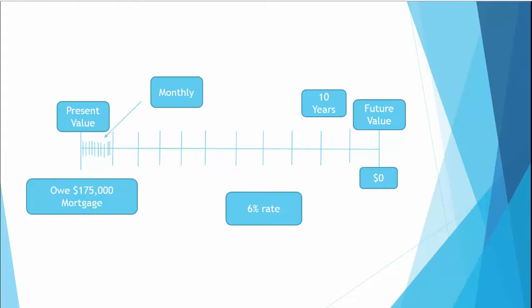The question says monthly, so we know that we must multiply our N by 12. So N equals 120. We must also divide our rate of 6% by 12 for a rate of 0.5%. Next, determine the signs. You owe $175,000 on the mortgage, so we know this is a positive sign. That means we owe cash outflow.